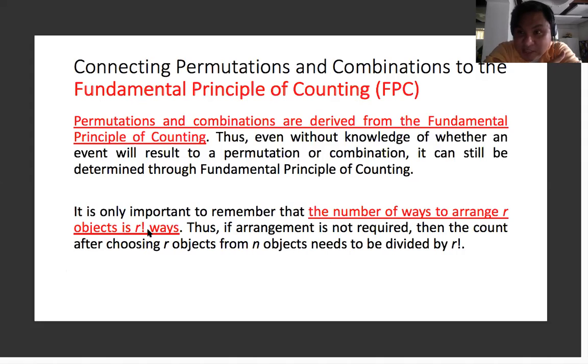And for combinations, it is important because it does not matter how they get picked, or it's not supposed to be arranged, right? Okay, so in the example later, I will solve it through two ways. One, using permutations and combinations. The other, using just plain fundamental principle of counting.